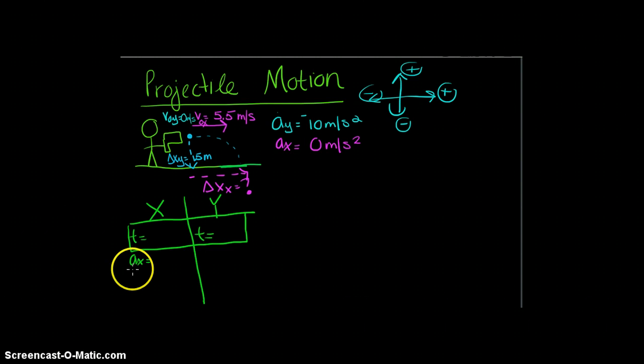Every other quantity is independent. So we have acceleration, velocity initial in the x, velocity final in the x, and the displacement in the x. And this is what we're looking for in this particular problem. Those same values are mirrored on the y: acceleration in the y, velocity initial in the y, velocity final in the y, and delta x in the y.